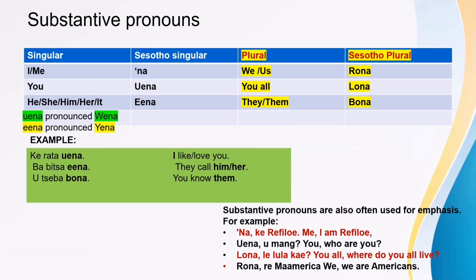Okay, we have substantive pronouns, and here we have the singular form and the plural form. For I or me, na. But we or us, rona.